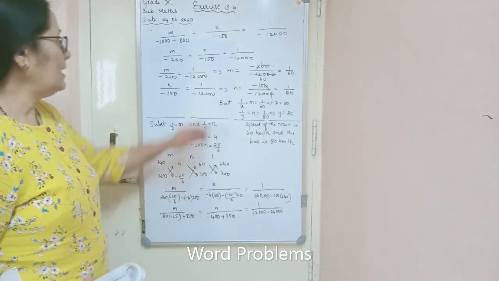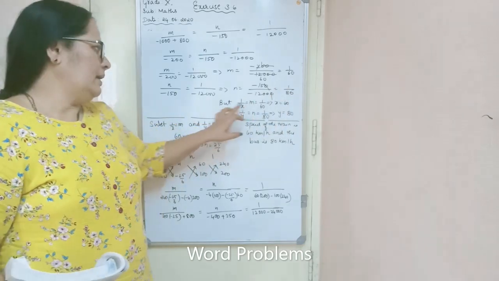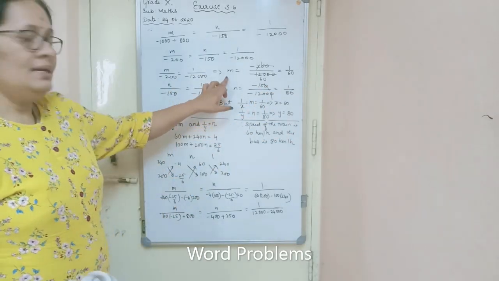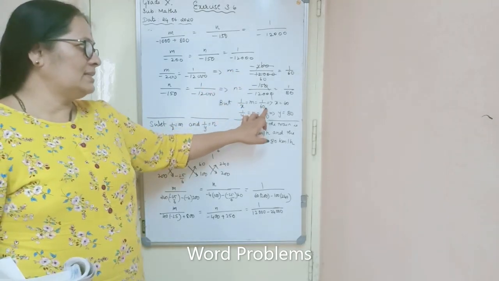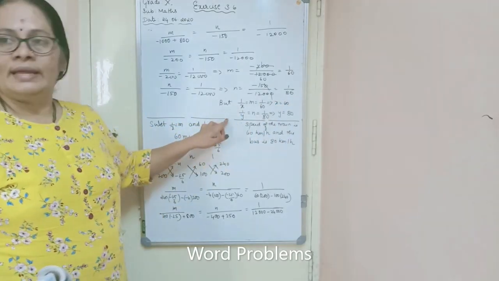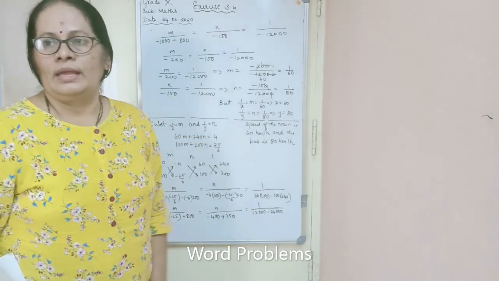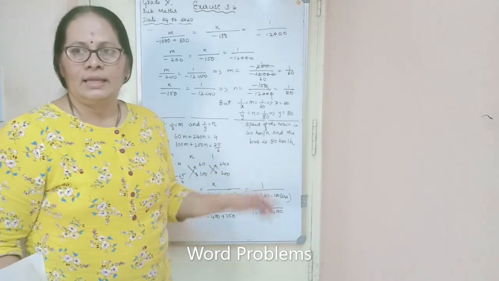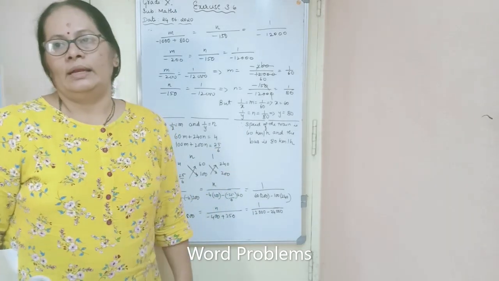Cross multiply, you will get m equals 1 by 60 and n equals 1 by 80. But m is nothing but 1 by x, which equals 1 by 60, so x equals 60. And 1 by y is taken as n, which is 1 by 80, so y equals 80. Therefore, the speed of the train is 60 km per hour and the speed of the bus is 80 km per hour.